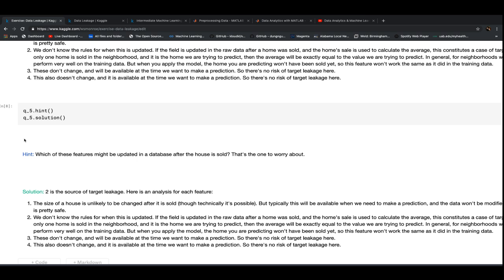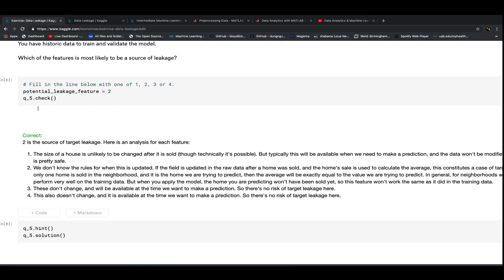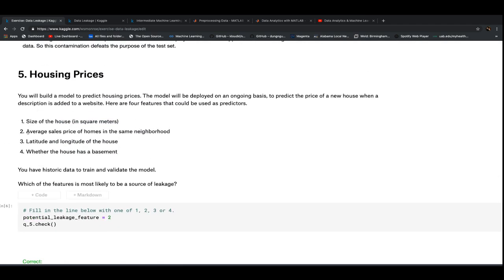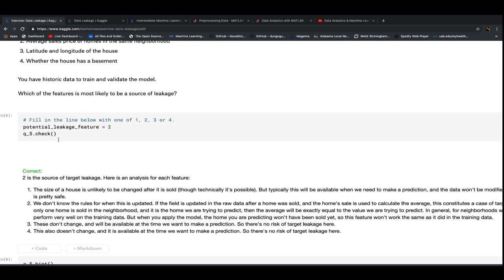So you would have to make sure that any averaged features, like the average sales price of the neighborhood, would have to be calculated prior to making the prediction.